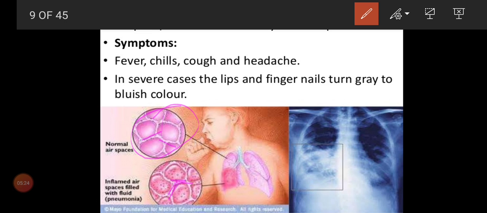Now the lungs become very burdened, because instead of filling with gases, they are filled with fluid. So it is very hard to breathe, and it can lead to asthma, and they cannot breathe normally. So how can we detect whether a person is affected by pneumonia?